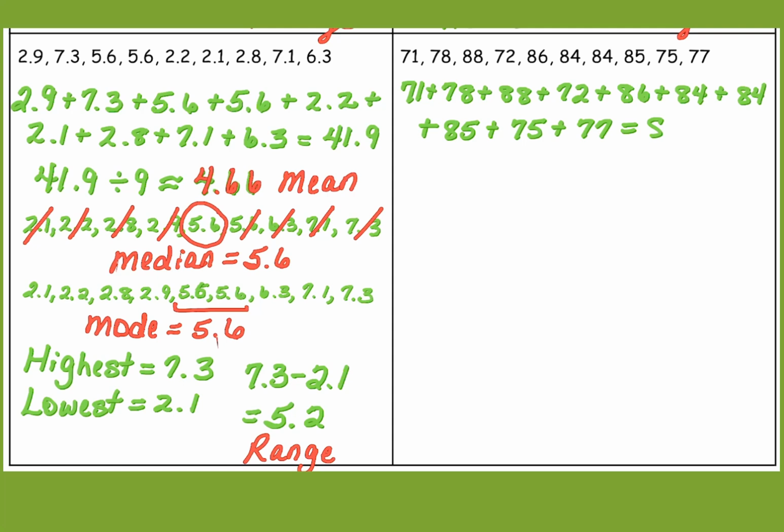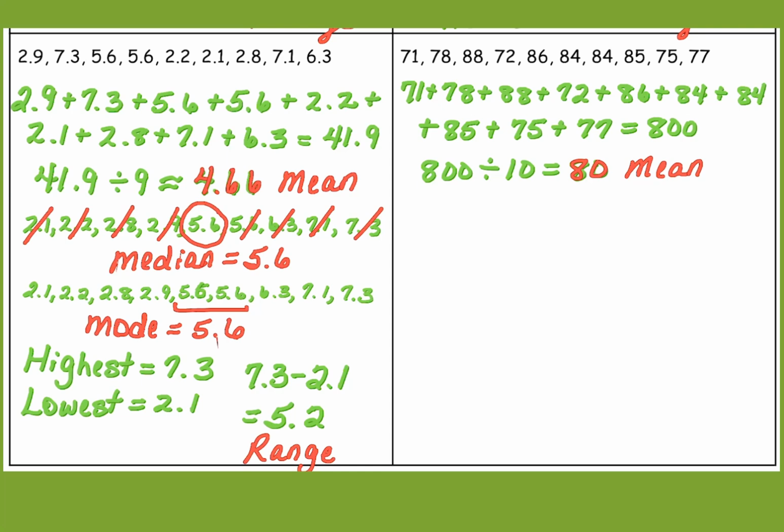That gives us a total value of 800. Now we divide that 800 by the amount of numbers that we have. So 800 divided by 10 is 80. Our mean for this problem is 80.